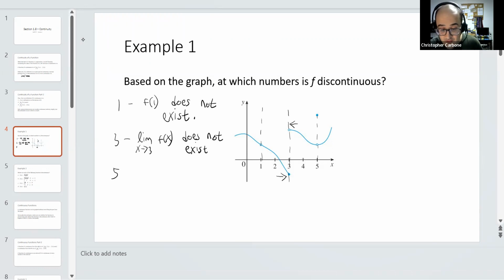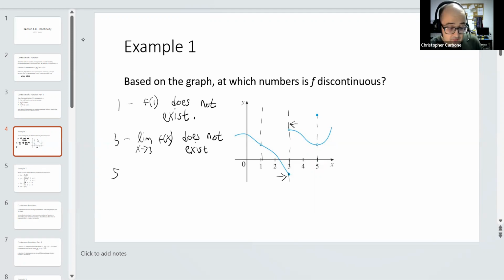And then finally at 5, you could see, even though the limit definitely approaches a number, it gets this particular value where this open circle here is. But f of 5 is a different number because we have it defined at this point above here.